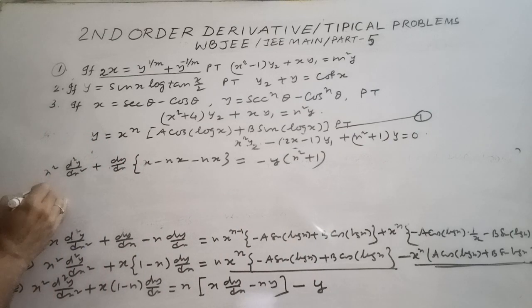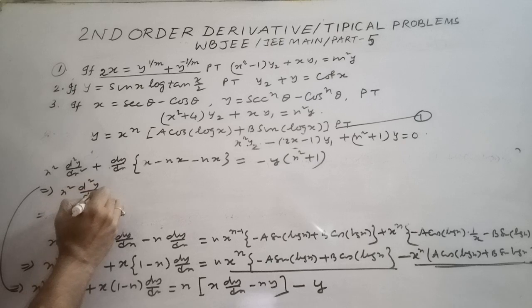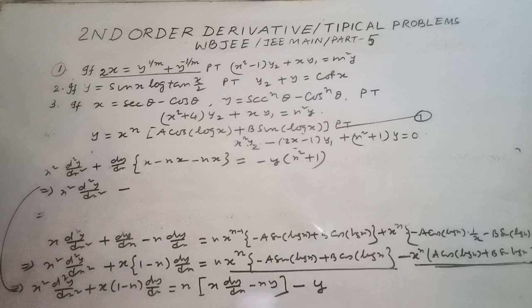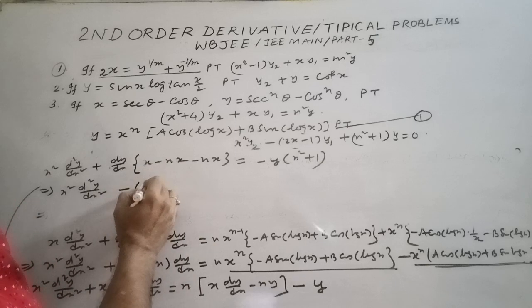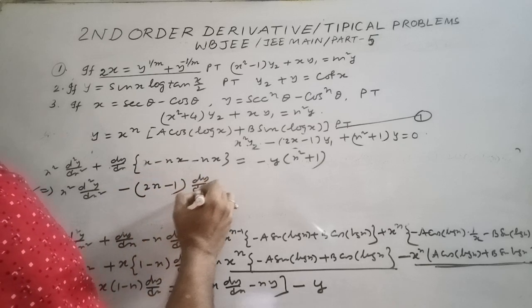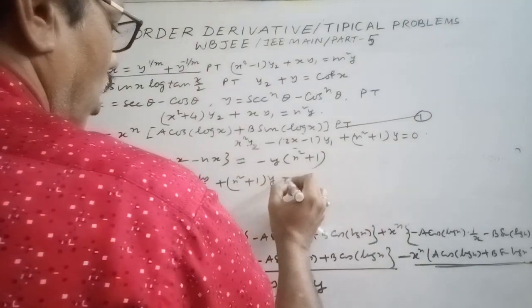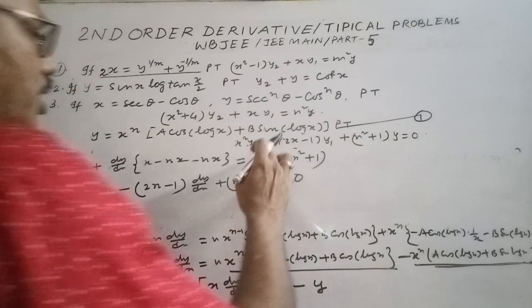So finally x square into d2y/dx2 minus, if you take, this is 2nx, so (2n minus 1) into dy/dx plus (n square plus 1) into y equals 0. So this is our desired result.